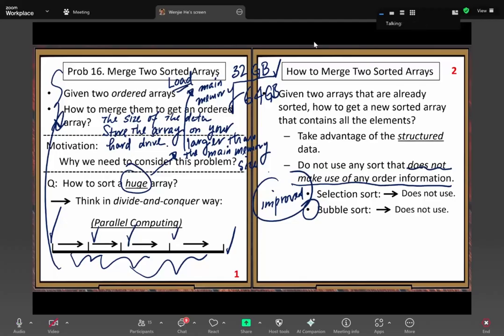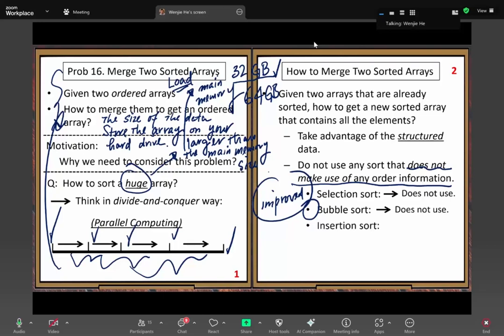If at the end your counter gives you the zero value, that means there is no swap. If there is no swap, then the whole array is already sorted. So you should stop immediately. You do not need to complete the remaining rounds. So that's the improved version of the bubble sort. If you use the improved version, then you use the order information.